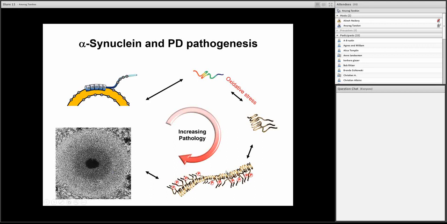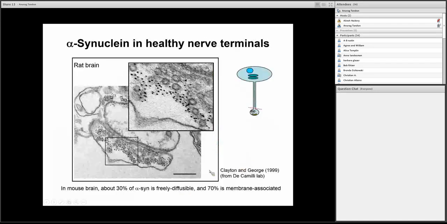Now, as I mentioned, this phosphorylation change, or this modification of the C-terminal, is heavily seen in these Lewy body structures. And we've been involved in making some of these Lewy body fibrils with phosphorylation. And I'll come back to them in a few minutes.